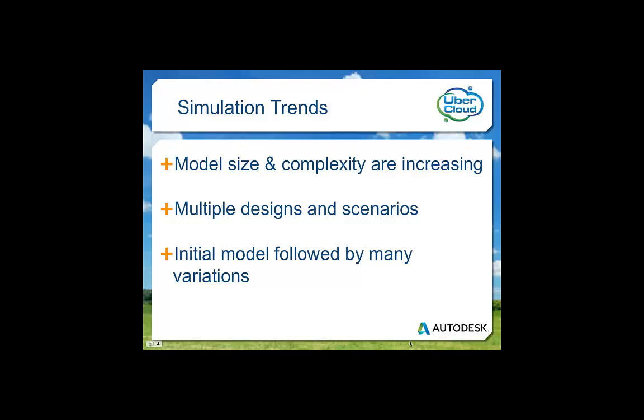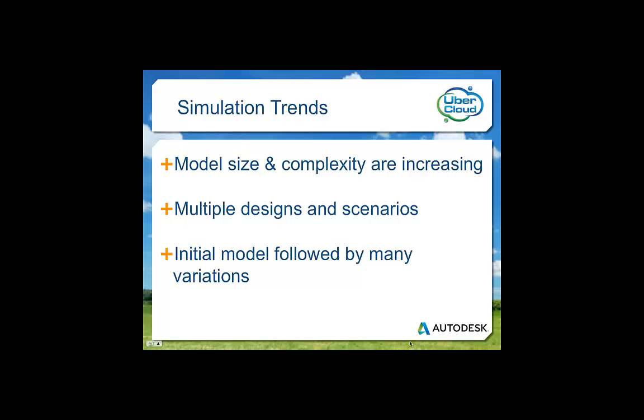Next slide, Barack. And so what we've observed are really 3 main trends that are related to this idea of cloud computing. The first one is that customers are setting up models that tend to be bigger than before and more complex than before. So the models tend to take more time and resources to solve.